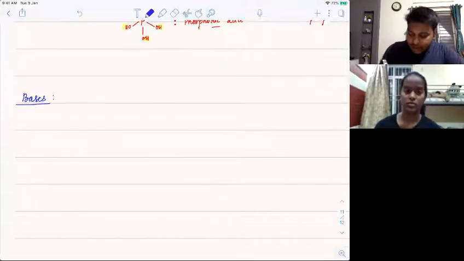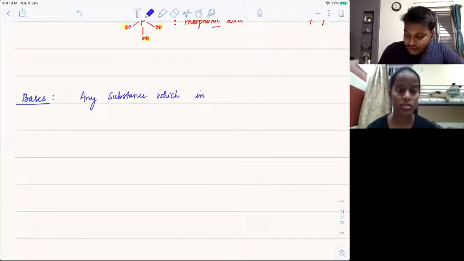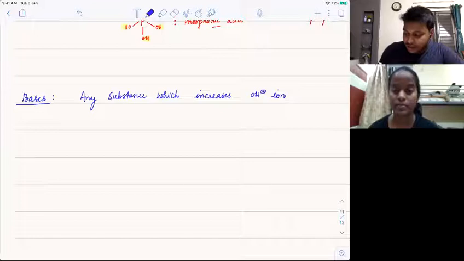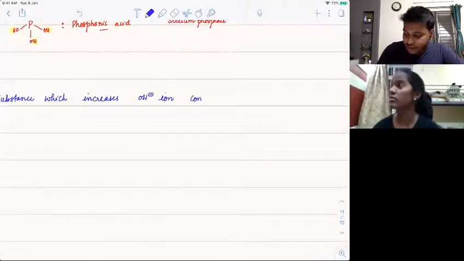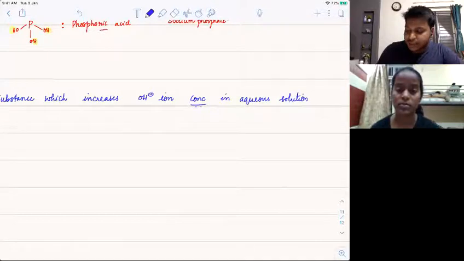Bases: any substance which increases OH minus ion concentration in aqueous solution is a base.